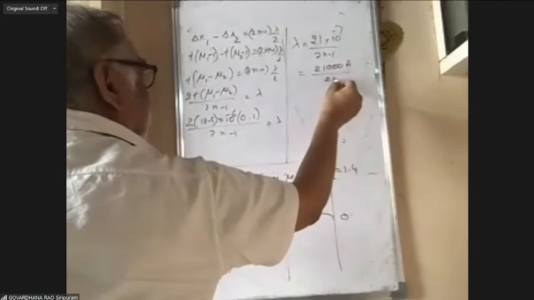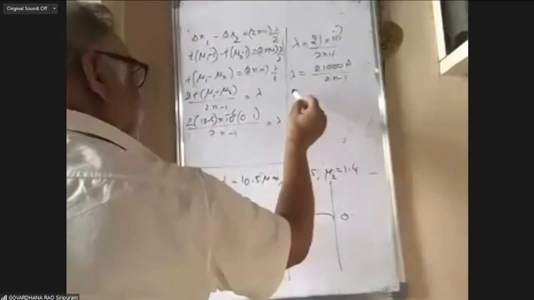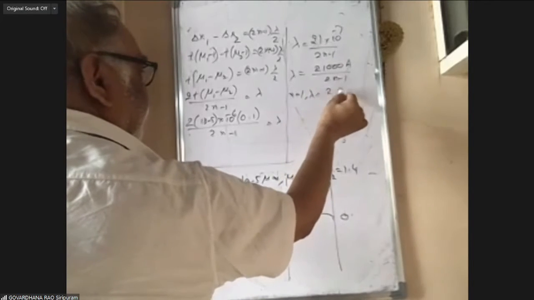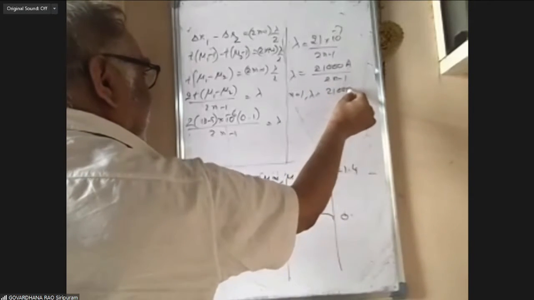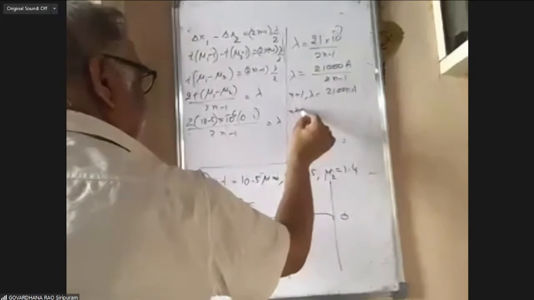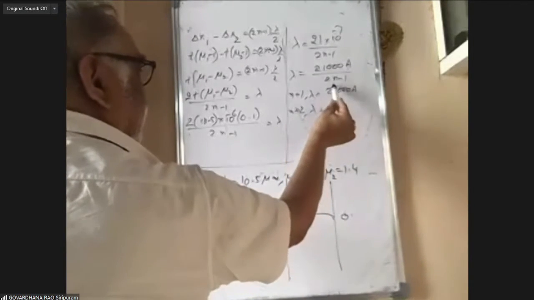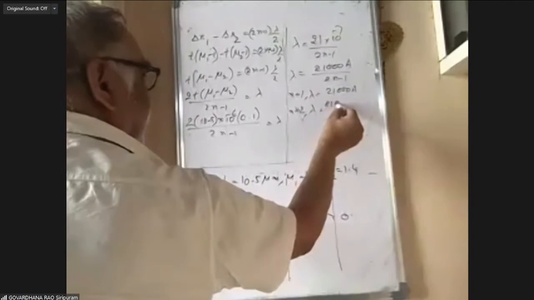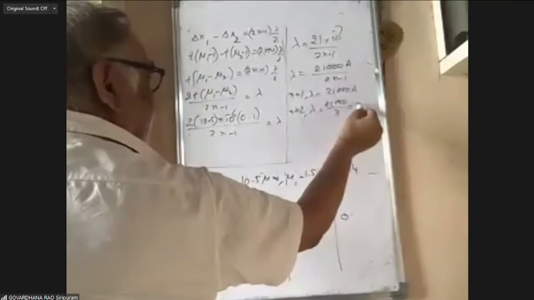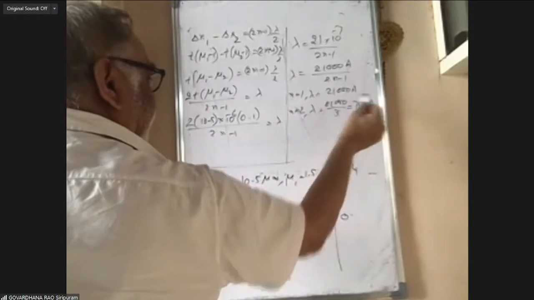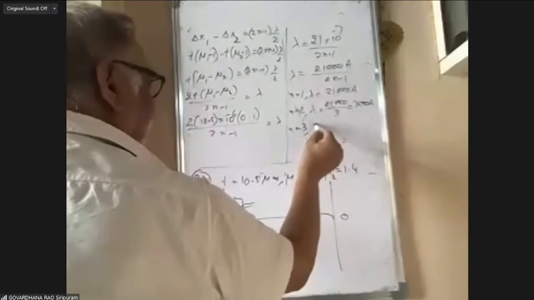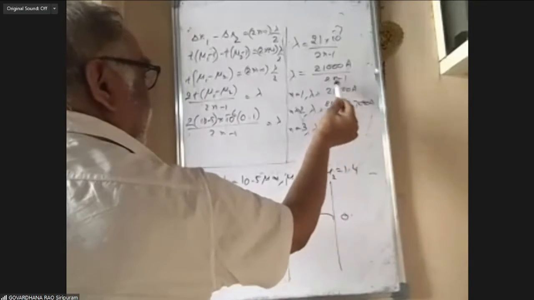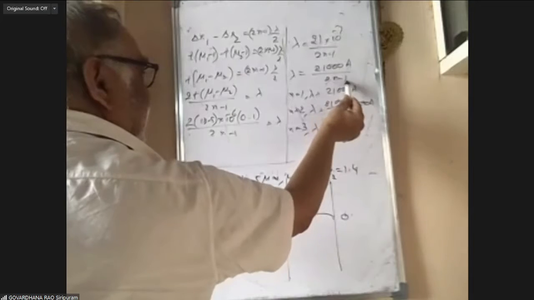Then you put n equal to 1. When n equal to 1, what is the lambda? 21,000 angstrom. n equal to 2: what is the lambda? 2 twos are 4 minus 1, 3. 21,000 by 3 is 7,000. n equal to 3: 21,000 by 5, 2 threes are 6 minus 1, 5.